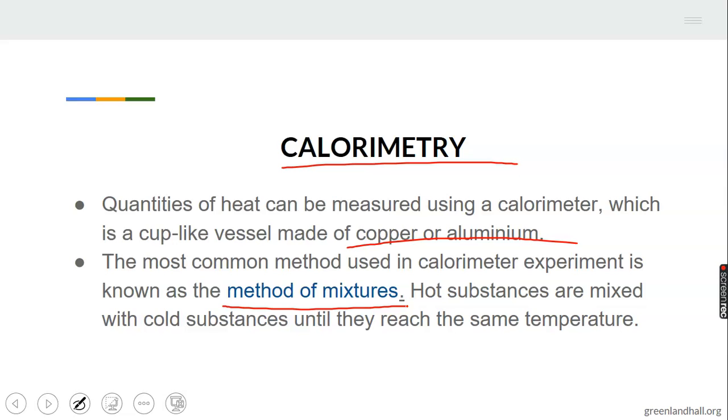And they will be mixed until they have even temperature. How are we going to determine that? It is the thermometer that will help. As the mixing process is continued and the thermometer shows a stable temperature, that means the mixtures have even temperature.